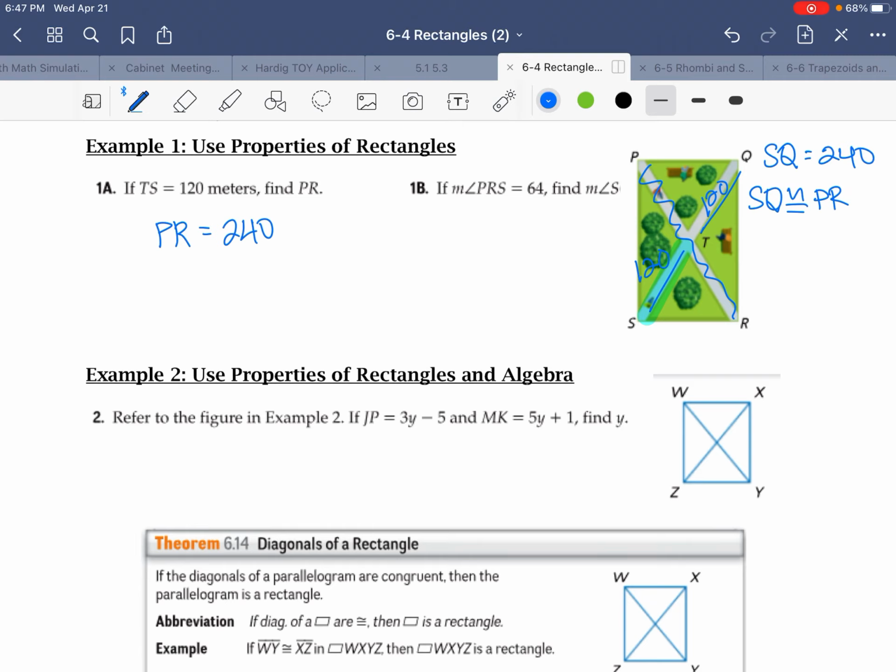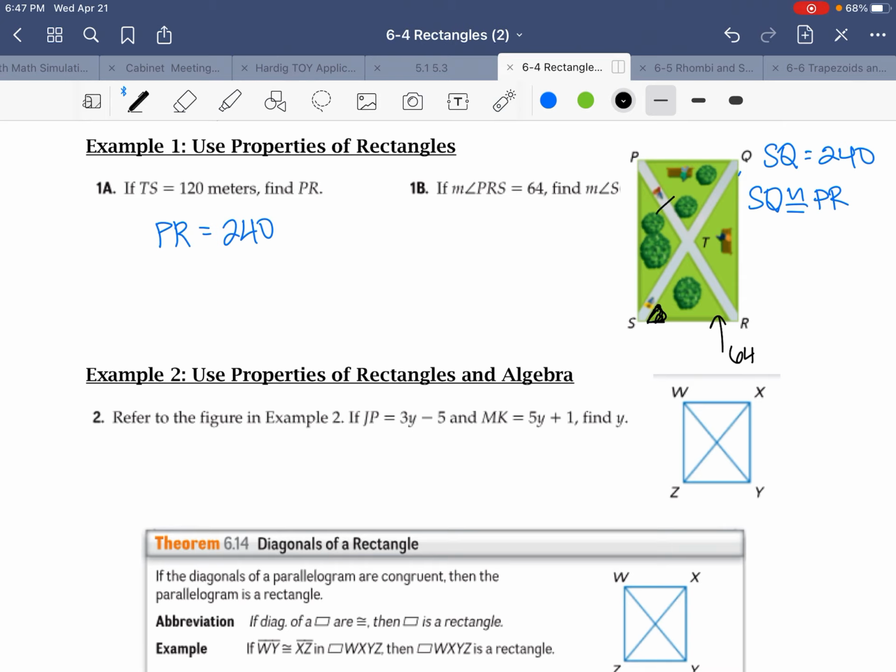Our second one, 1B, they tell us that the measure of angle PRS is equal to 64 degrees. So right here, 64 degrees. They want us to find the measure of angle S right here. We know that these diagonals are congruent and they also bisect each other.